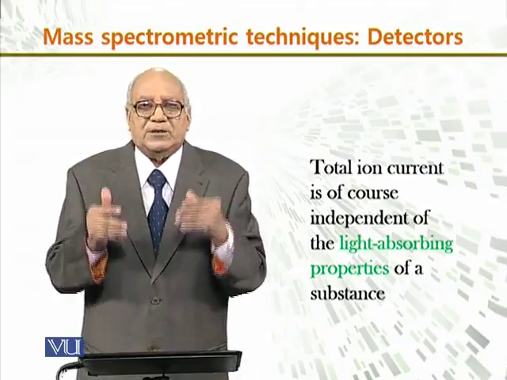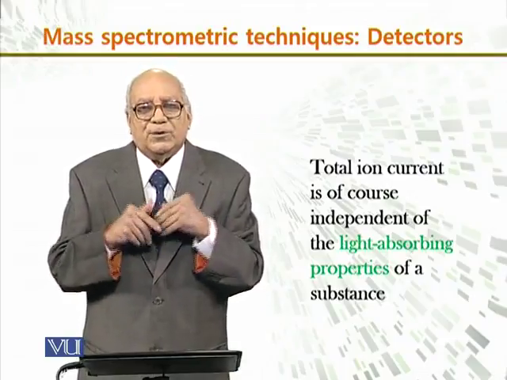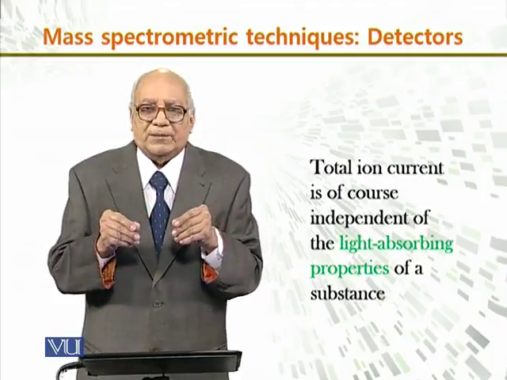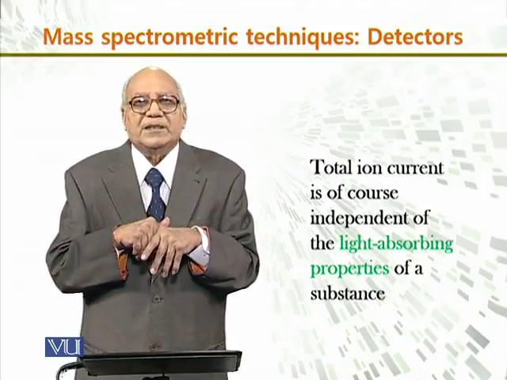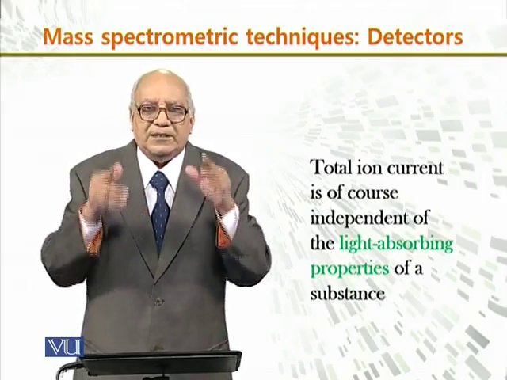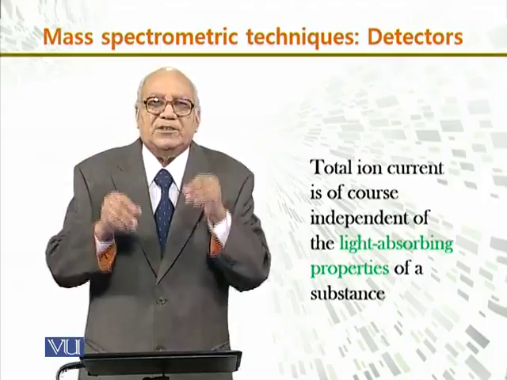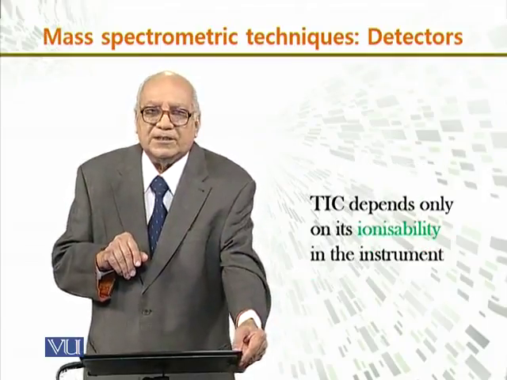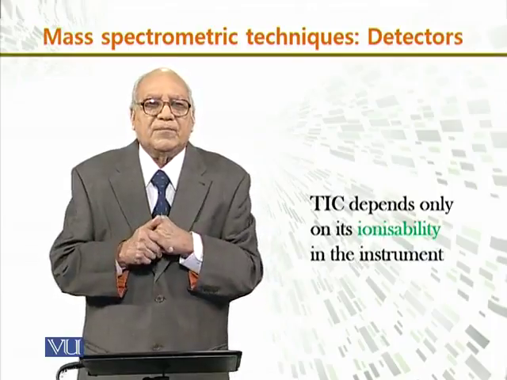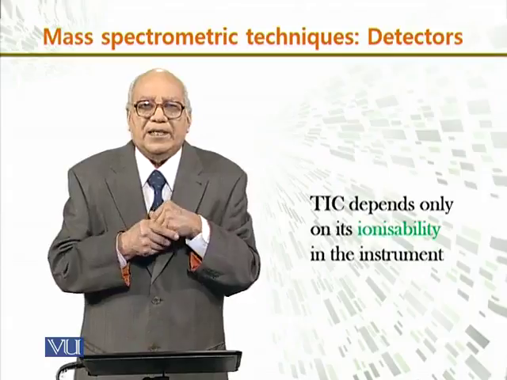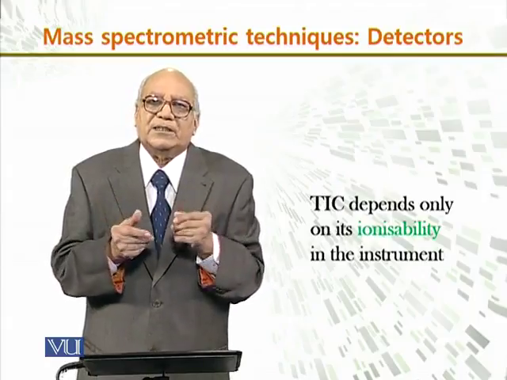And TIC, the total ion current, is of course independent of the light absorbing properties of the substance. If the substance has a light absorbing property, TIC will be independent of that, and we will get a result which is not due to the light absorption properties of that substance.